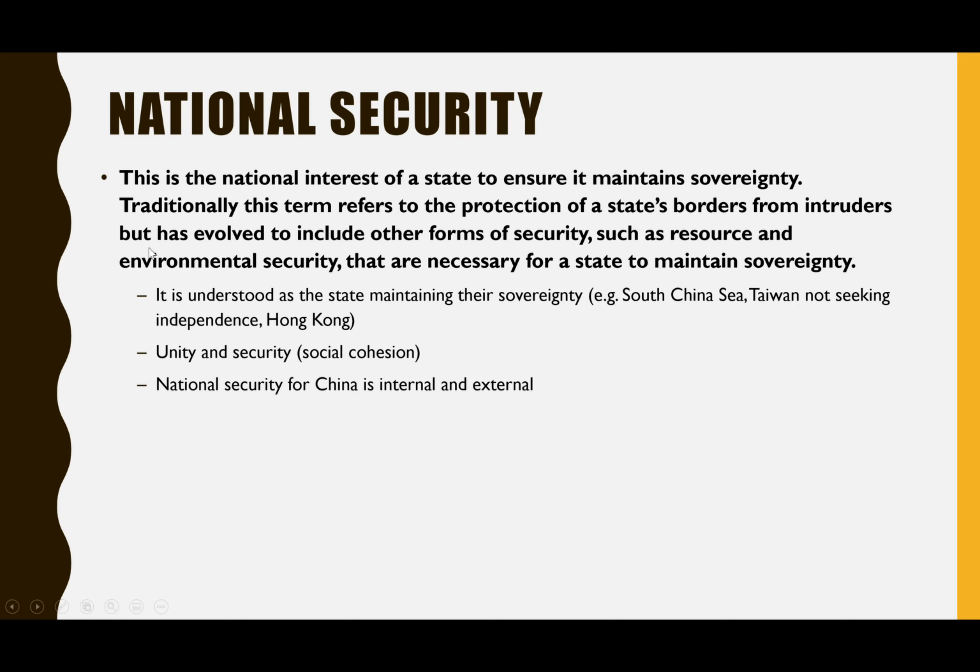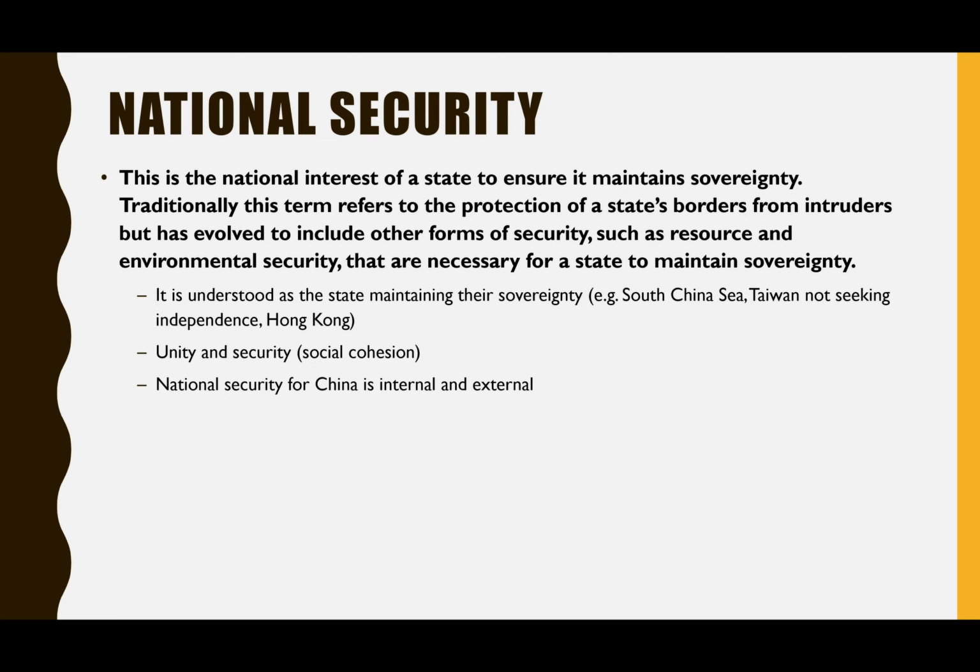This is from the VCAA definitions, but essentially it is the national interest of a state to maintain its sovereignty. Traditionally, this term refers to the protection of state borders from intruders, but has evolved to include other types of security, such as resource and environmental security, that are necessary for a state to maintain sovereignty.